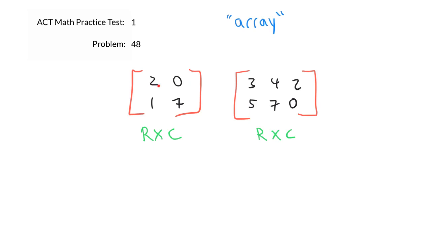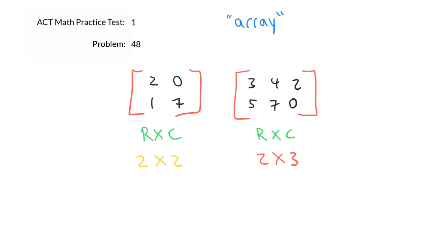Rows are horizontal, so it's 2 rows by 2 columns in this case. Columns, in my opinion, are a little easier to remember. You could think of those Greek temple columns; they always go straight up and down. Now, with regards to this one, there are most definitely 2 rows and 3 columns.